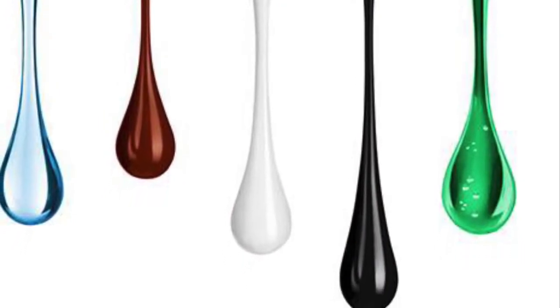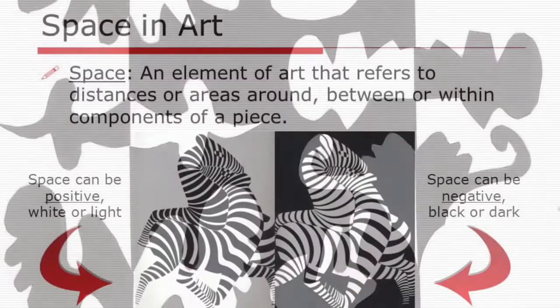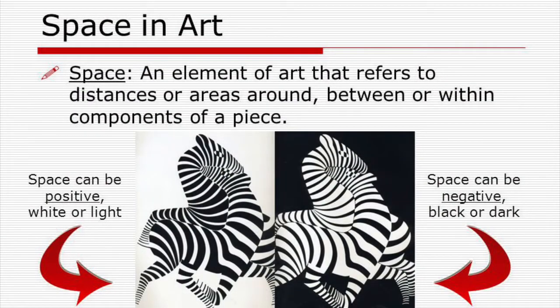There are two types of space that exist within art: positive space and negative space. Positive space is the actual objects or shapes within an artwork, and negative space is the space around and between those objects.